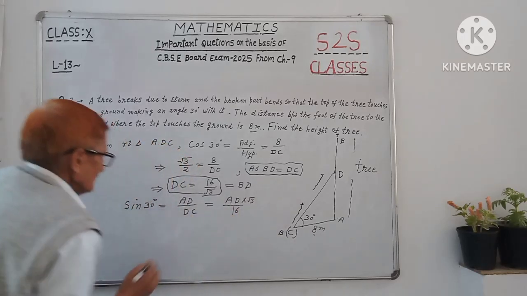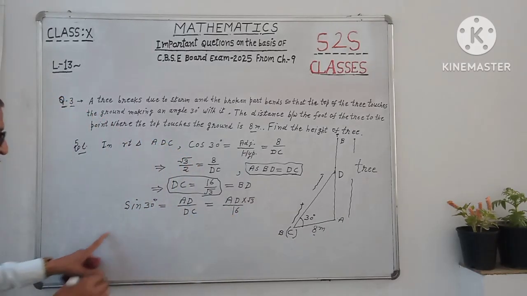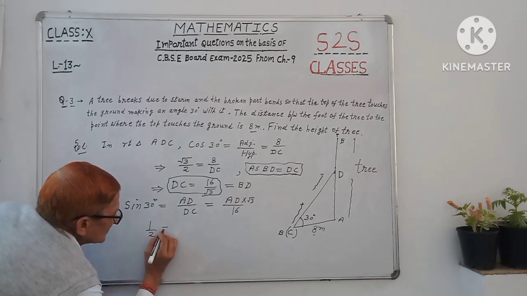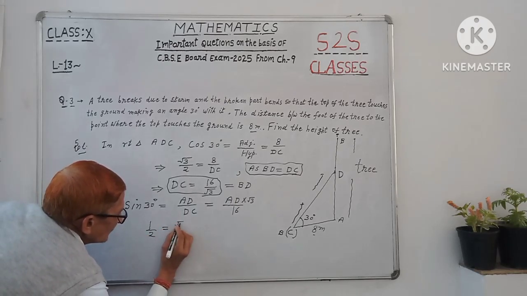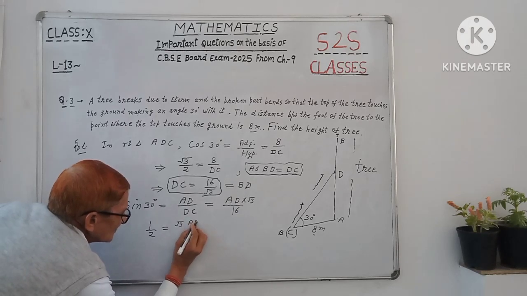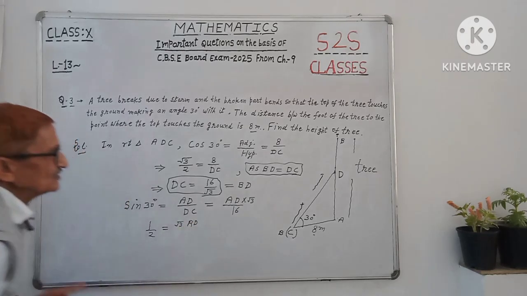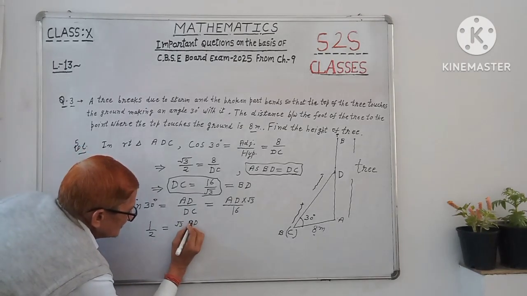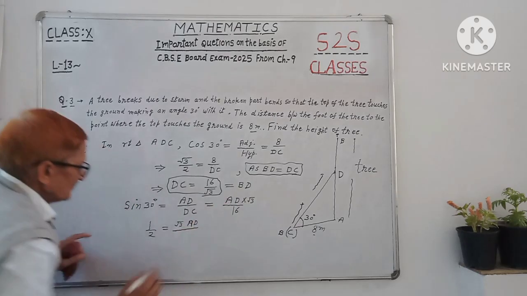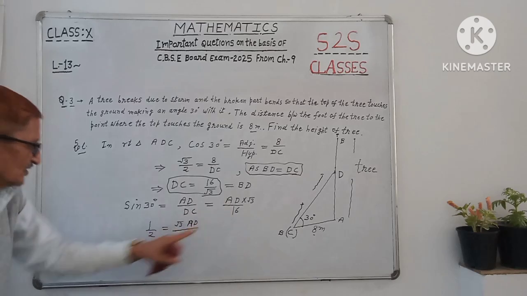Then this sine 30, 1 upon 2, is equal to root 3 AD upon 16.